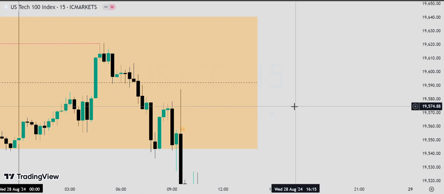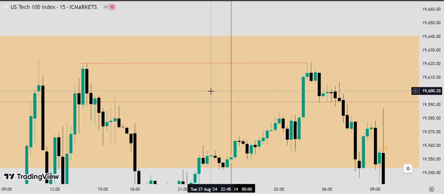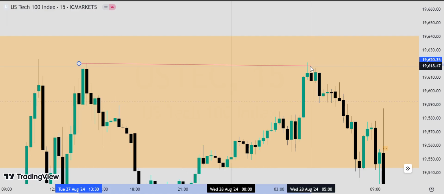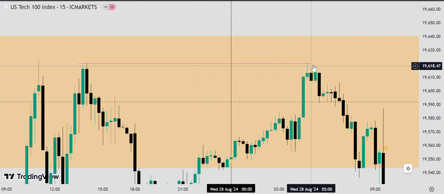Although it looks like equal highs up there, this one might have taken it. But there are also so many other liquidities.